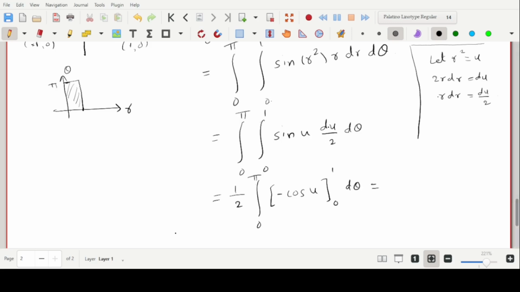This is equal to 1 over 2, and I will write this as the integral of 1 minus cos of 1, where 1 is in radians, d theta.